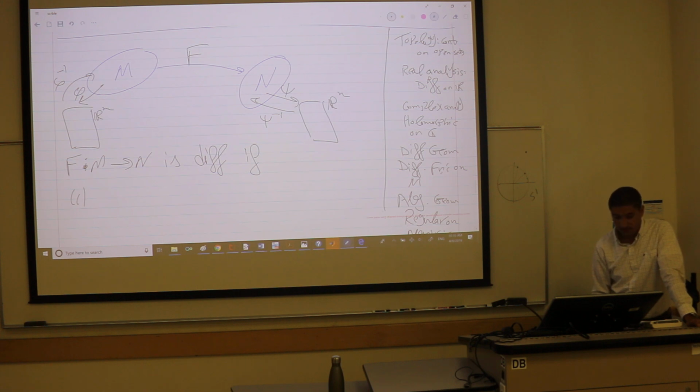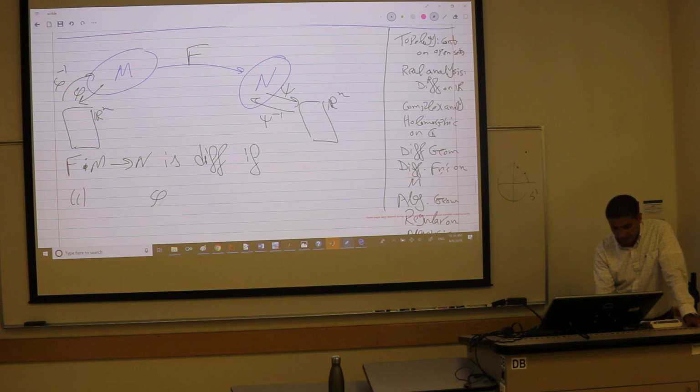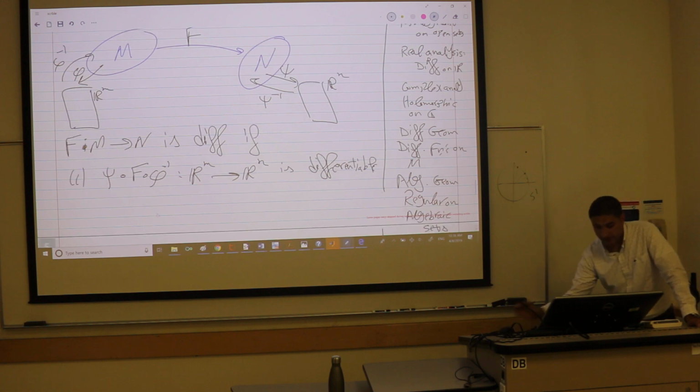With the map from psi minus 1 f. Very good. Phi minus 1 f and then psi. This is a map from where? Yeah. This is from Rm to Rn, and I know very well how to define differentiability with this. And I know very well how to differentiate it, actually.